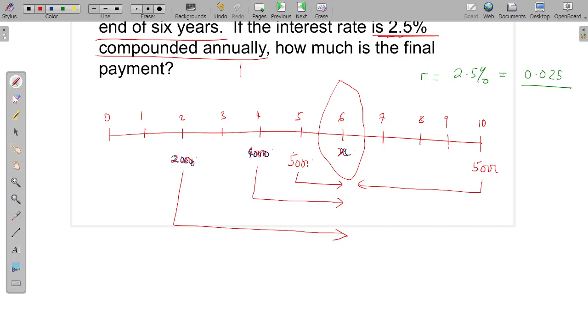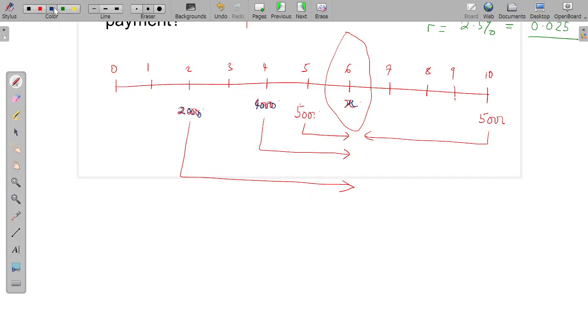Now in this fixed point, we calculate what will be the exponent, the years of each of these. First, we have our formula: the sum of payment equals sum of debt.